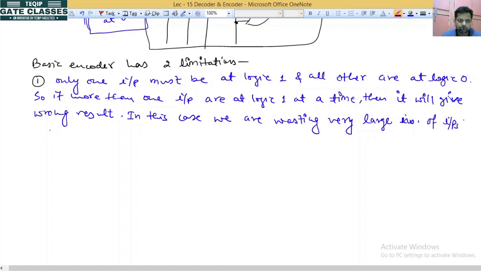Okay, na? What is the solution for this? Solution, I am going to write solution here.